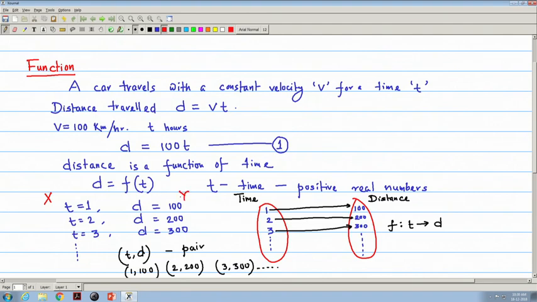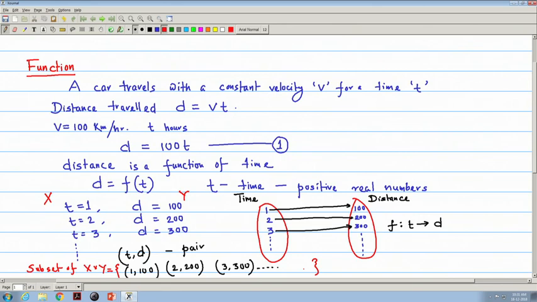Then I can tell that this is a subset of the Cartesian product, a subset of x cross y, that is x Cartesian product y. So, this is the concept of function.